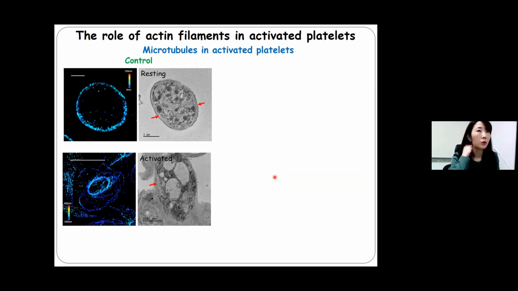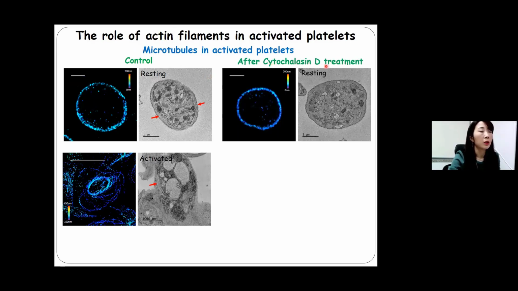Based on this, we tried to investigate the role of actin and microtubules in more detail. First of all, we studied the role of the actin filament by depolymerizing actin using cytochalasin D. As you can see here, in the resting sample, there's no big difference between the control and the actin-depolymerized platelet.